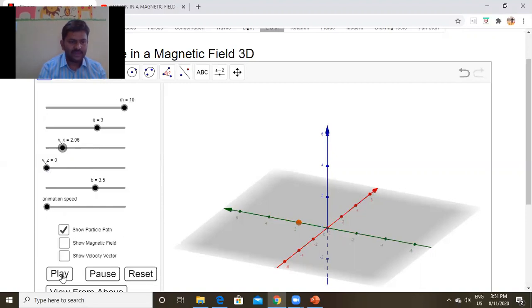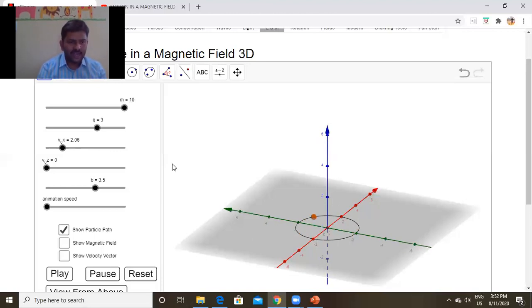As the magnetic field is along the y-axis and velocity is along the x-axis, the charged particle is rotating in the xz plane, that means the plane which is perpendicular to this y-axis.